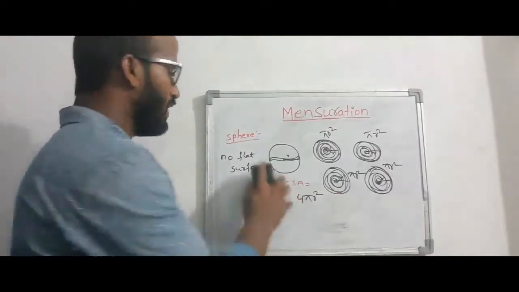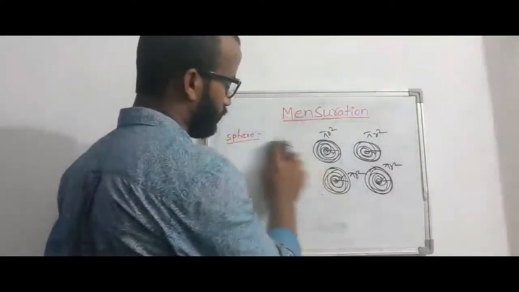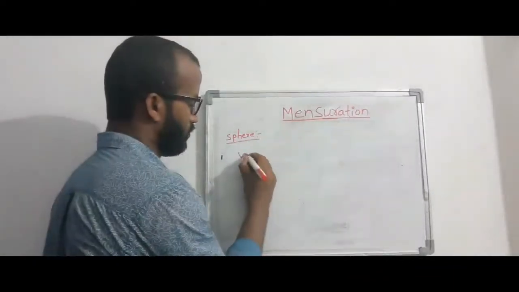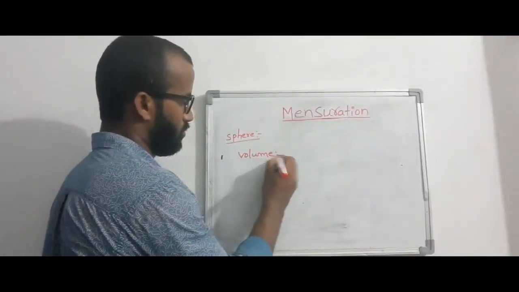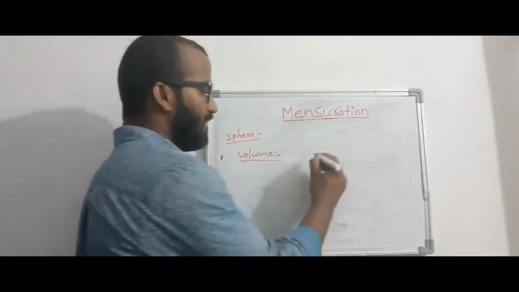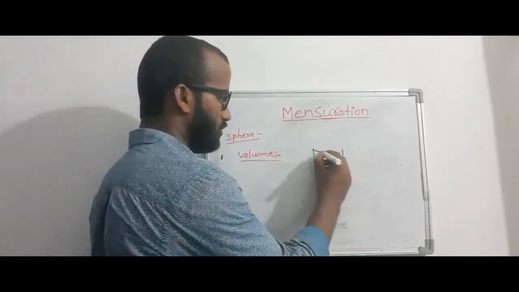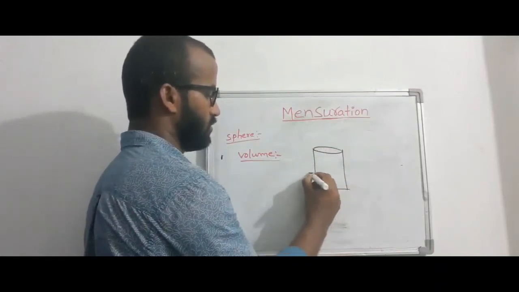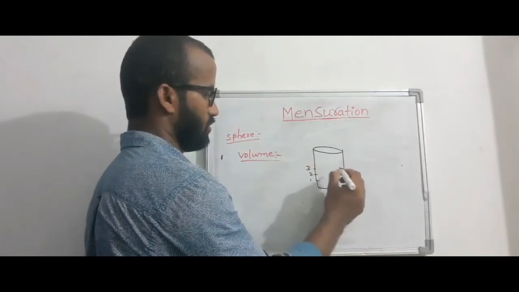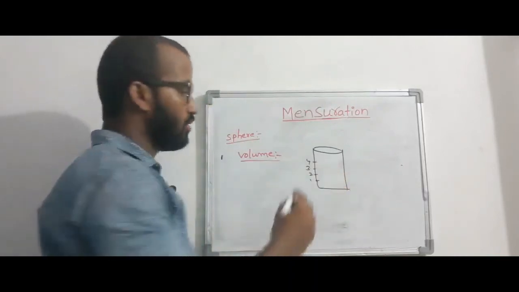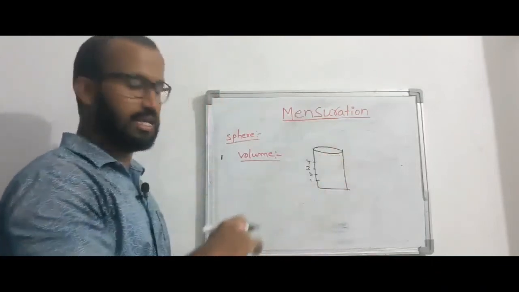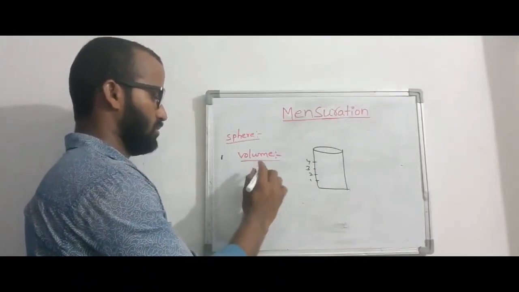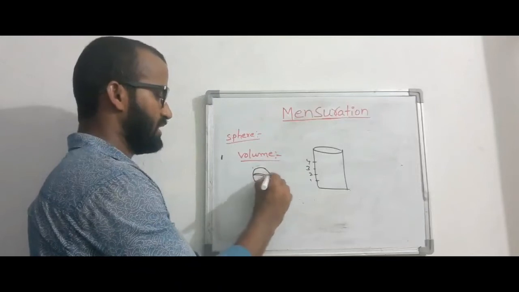Now we are going to find volume. How are we going to find volume? I will take one cylinder with markings. Okay, the cylinder radius r, height is h, and I will take one sphere with radius r.